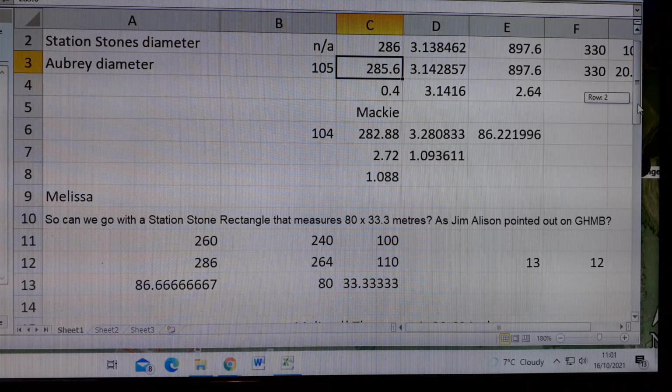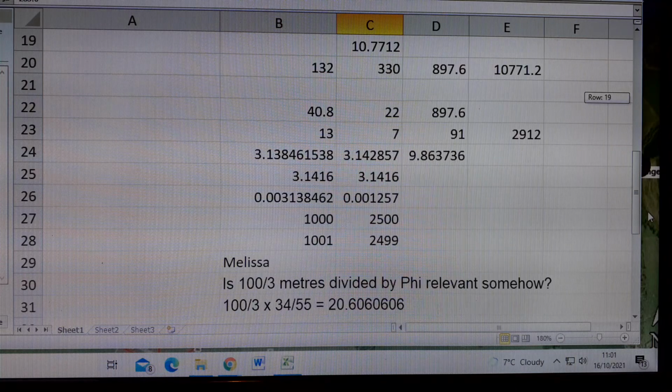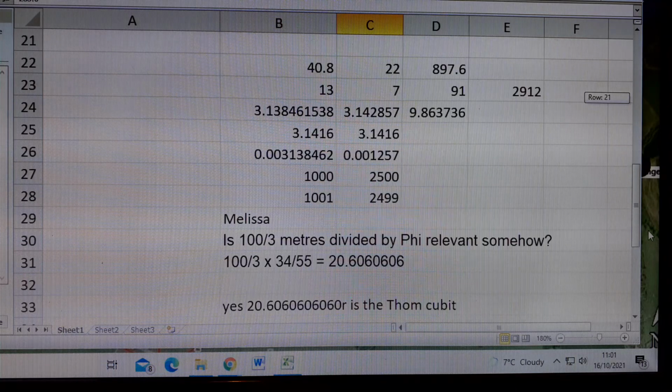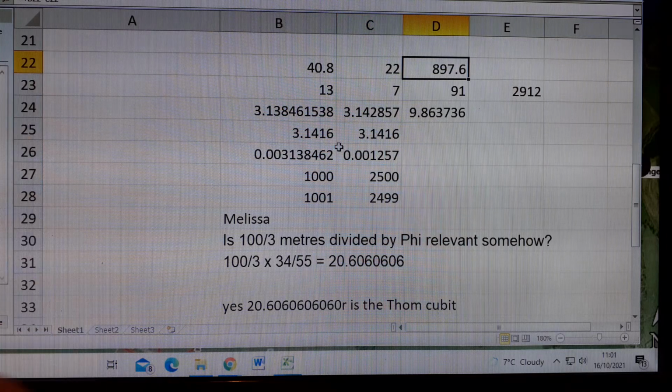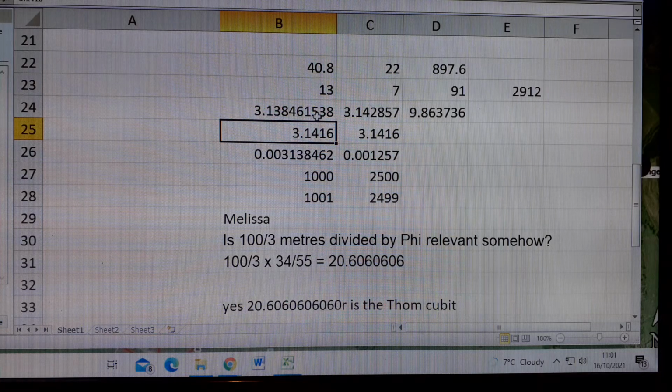And I've demonstrated beyond any reasonable doubt that these 2 versions of pi, 40.8/13 and 22/7, when multiplied together they give 897.6. And when we use this version of pi that's really close to real pi, 3.1416, we subtract that from that, we get that.